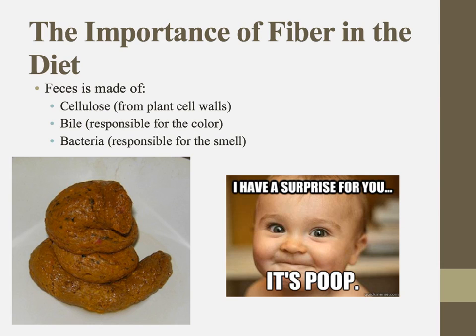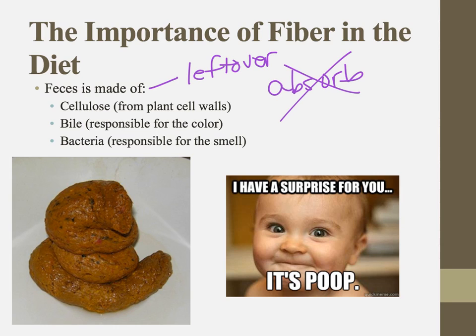So your feces is pretty much made of leftovers, like things that you couldn't absorb. Okay, so the things we can't absorb are going to include things like cellulose. We cannot absorb things from plant cell walls. That's why you often see plant material like corn in your poop. Okay, you can't digest or absorb those things.